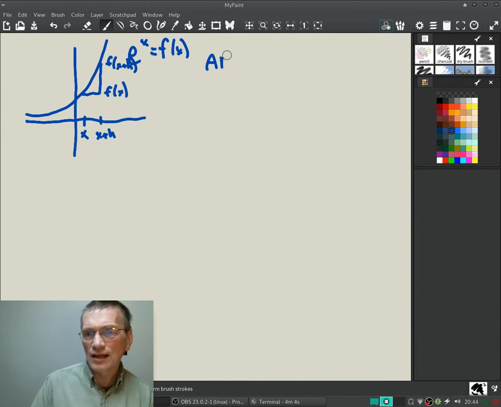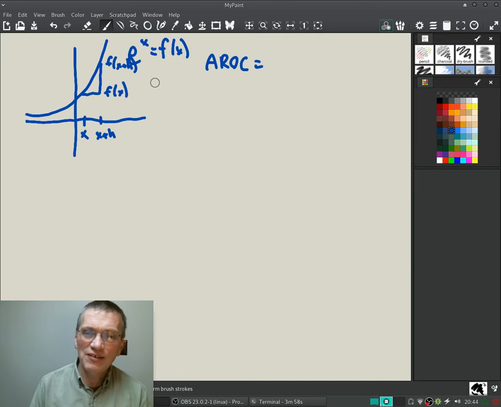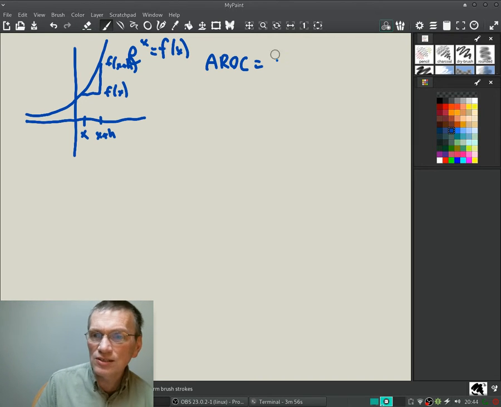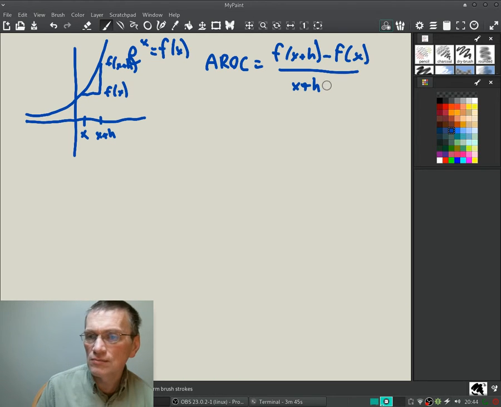Your book uses the abbreviation AROC. Average rate of change is going to be f of x plus h minus f of x, that length there, over x plus h minus x.